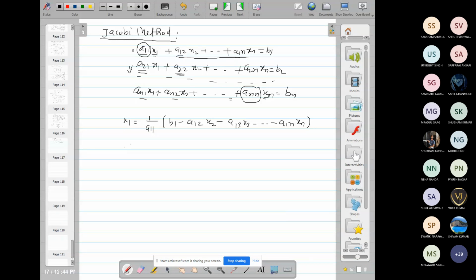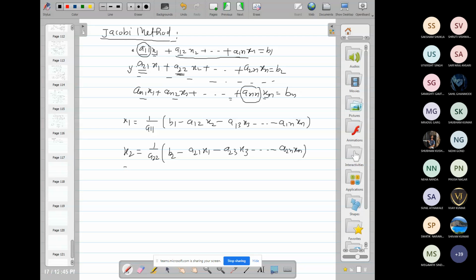Similarly, x2 is equal to 1 upon a22 times b2 minus a21 x1 minus a23 x3 and so on minus a2n xn.